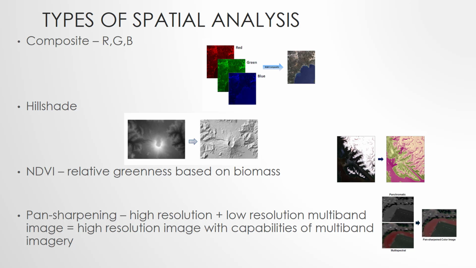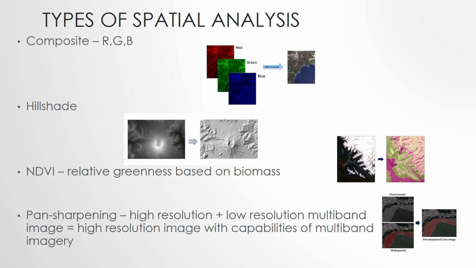NDVI is Normalized Difference Vegetation Index, and it's a measurement of relative greenness based on biomass. So the example shown here has a black and white image, and then on the right you can see in shades of green and purple the results of NDVI.